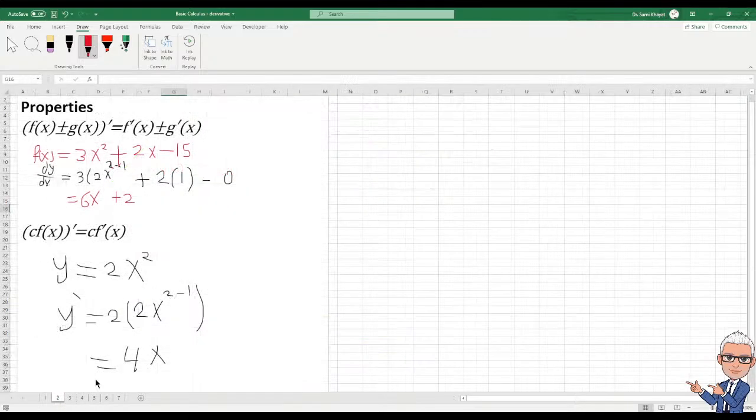Now, the other one is the property. If it is between plus and minus, you can deal with each term alone, since it is not multiplication.